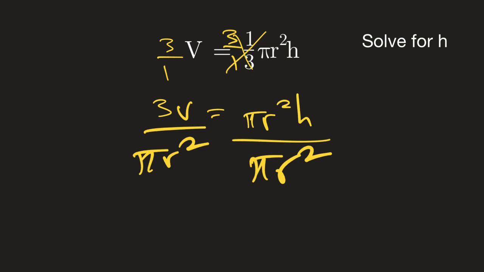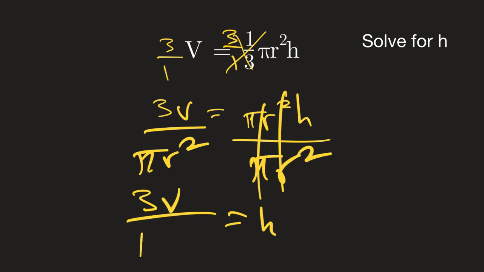The pi and the r squareds cancel each other out. H is now equal to 3v divided by pi r squared. So that's just the answer. You can't go any further, because it's just h and there's nothing else on the other side.